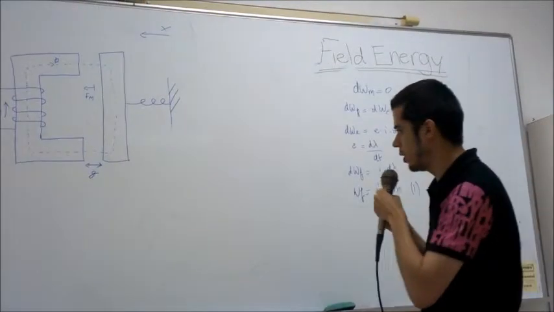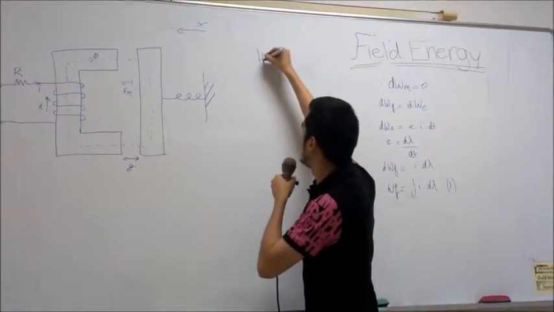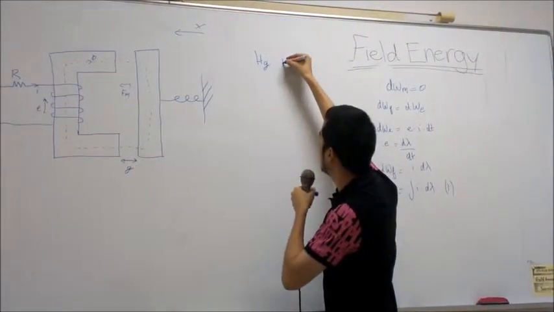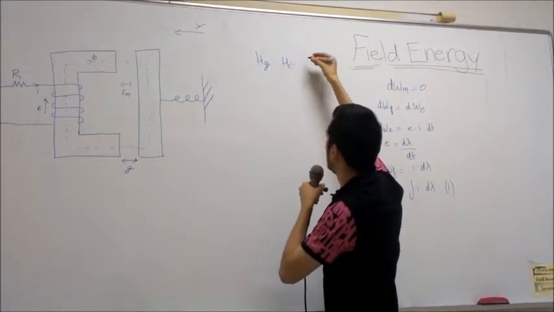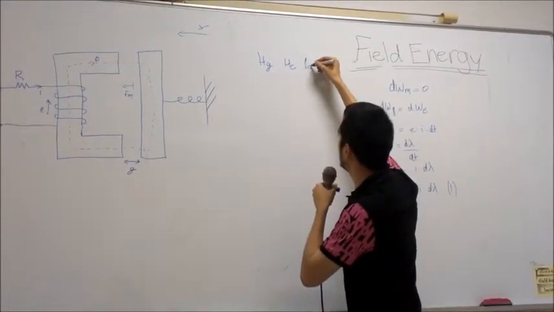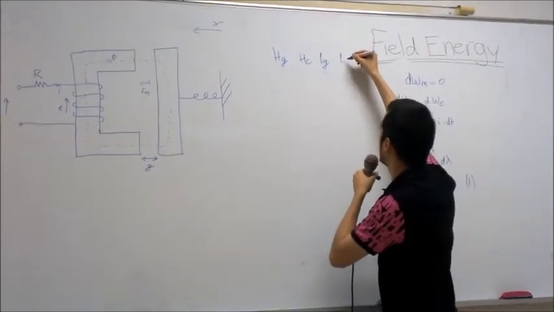Now let us assume that we have a magnetic intensity in the air gap, Hg, and a magnetic intensity in the core, Hc. The length of the air gap is Lg, and the length of the core is Lc.